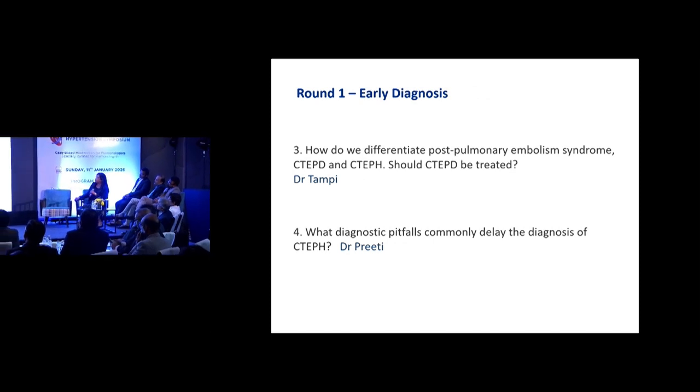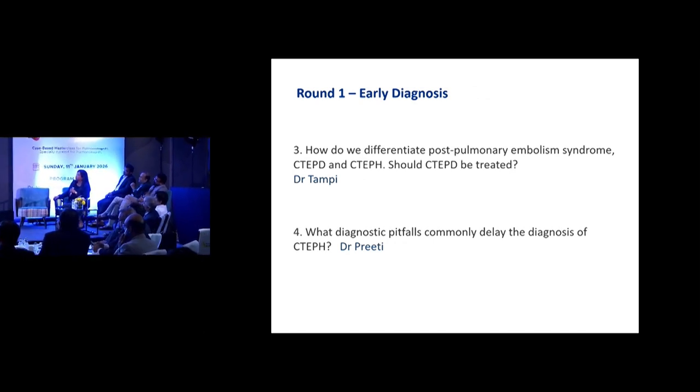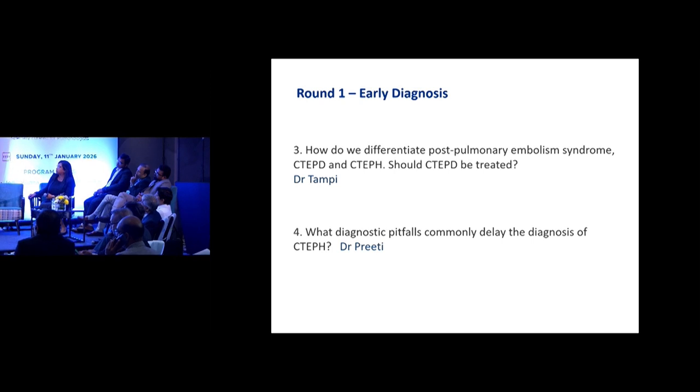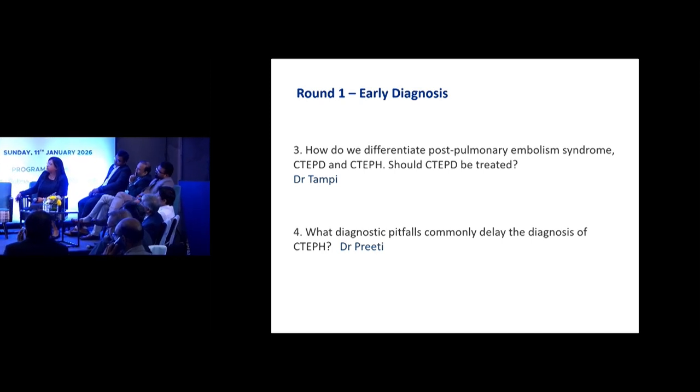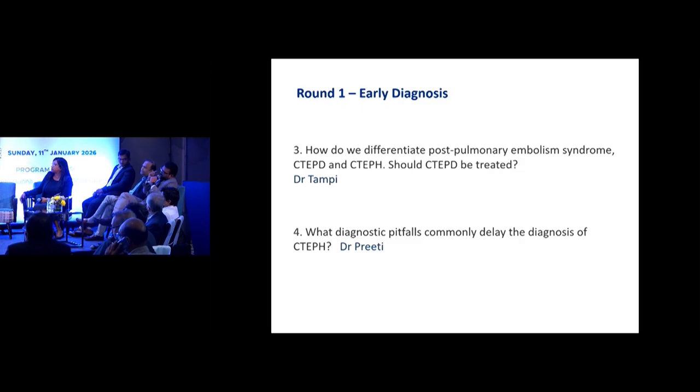Dr. Madhukar or anybody from the panel, how do we differentiate post-pulmonary embolism syndrome from chronic thromboembolic pulmonary disease and CTEPH? I think post-pulmonary embolism syndrome is an umbrella term. If after the pulmonary embolism the patient continues to have exercise limitation, then these patients are termed post-pulmonary embolism syndrome.